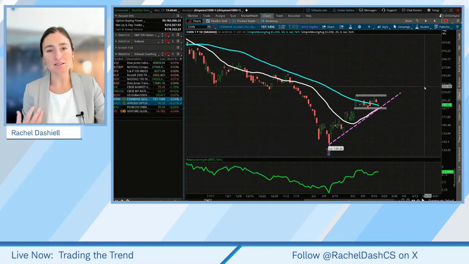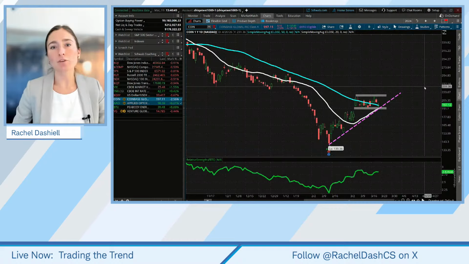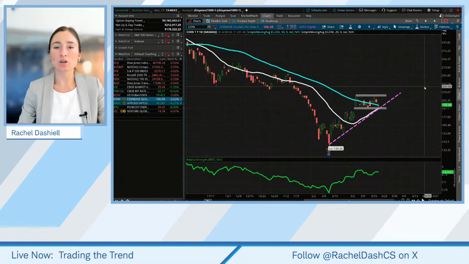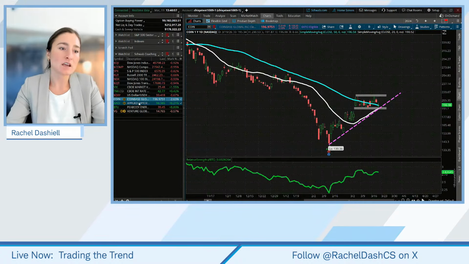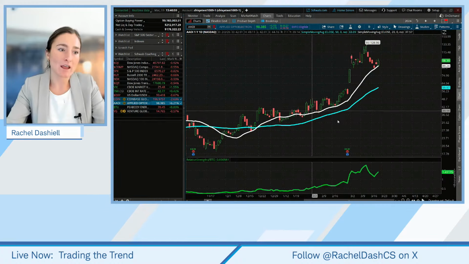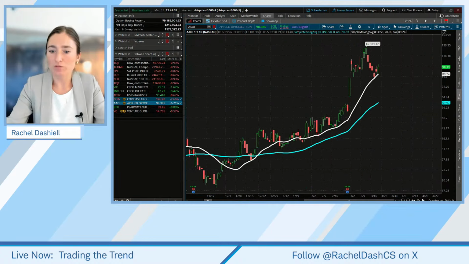But these may be stocks that traders may say, hey, we may wait for a little bit more confirmation at these levels before starting a new trade, adding size, things like that. So in this case, we're going to look at AAOI, and I'm going to put on our 20 period moving average here.